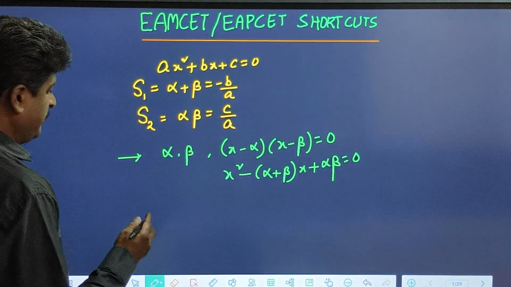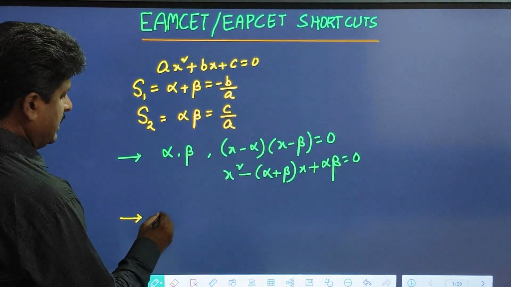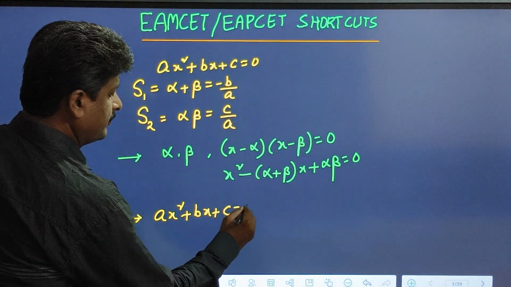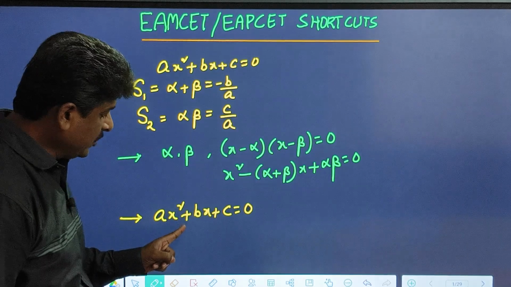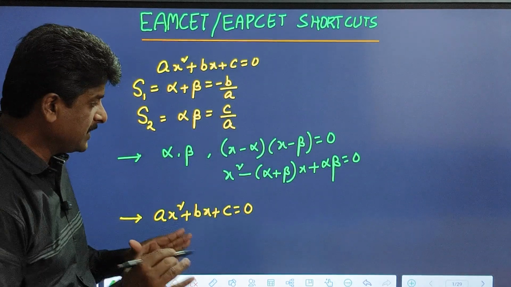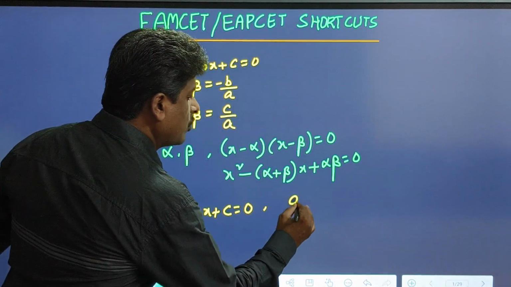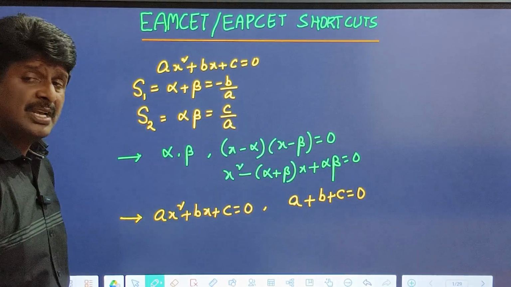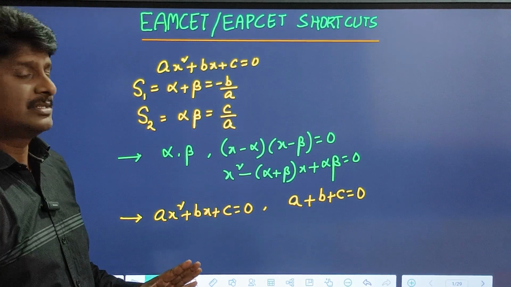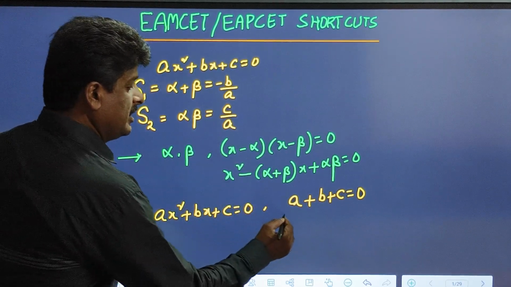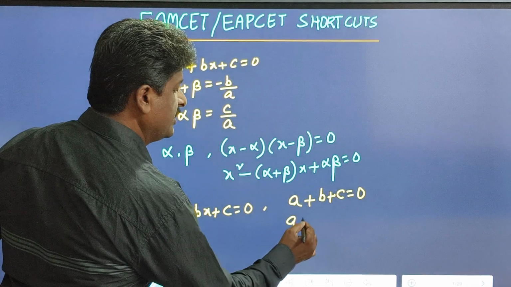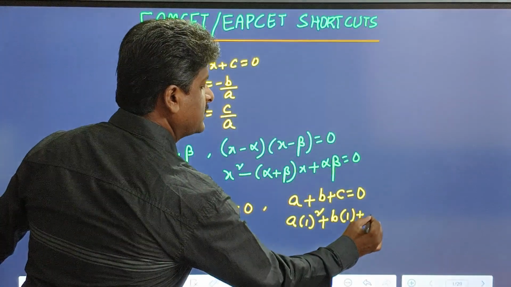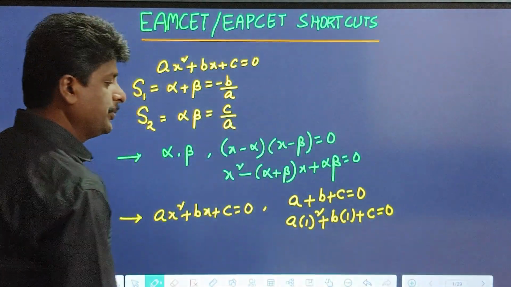Okay, and you do observe that in the quadratic equation ax square plus bx plus c is equal to 0, if the sum of the coefficients a plus b plus c is equal to 0, we can also write this condition without loss of generality as a into 1 square plus b into 1 plus c is equal to 0.